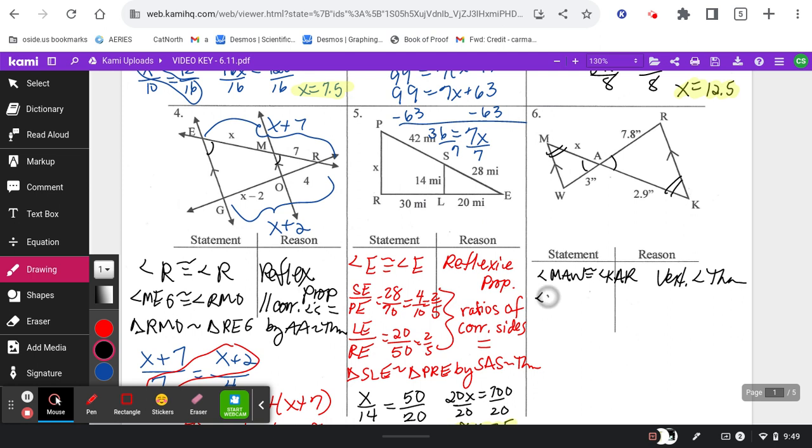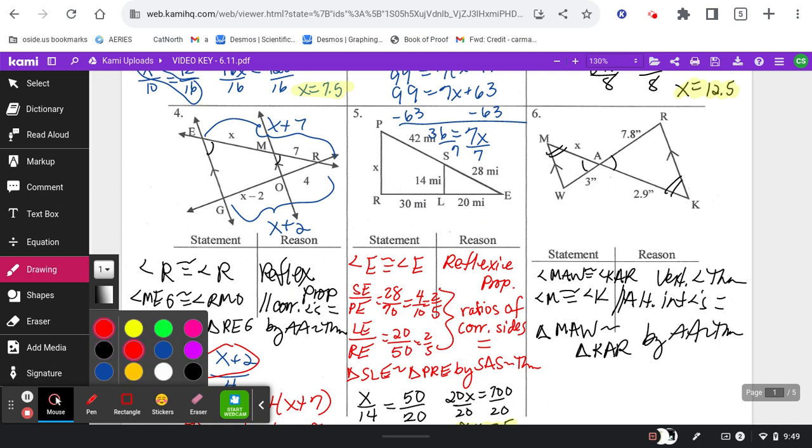And then we can say angle M is congruent to angle K by alternate. Parallel lines mean alternate interior angles are equal. And then triangle MA is similar to triangle CAR by a similarity theorem.